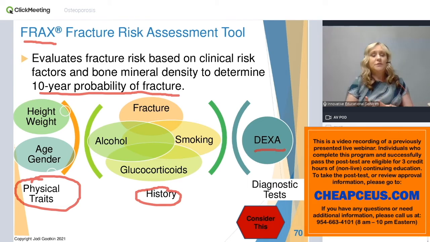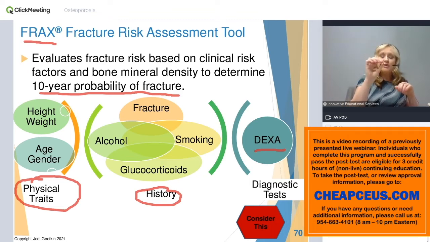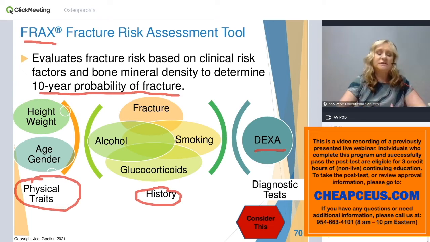It puts all this information together to come up with a calculation of that specific risk of fracture. When you go in to utilize the tool online, the individual is going to select their country. It looks at ethnicity, and it's pulling together all of this different information to help predict spine, forearm, and hip fracture risk.